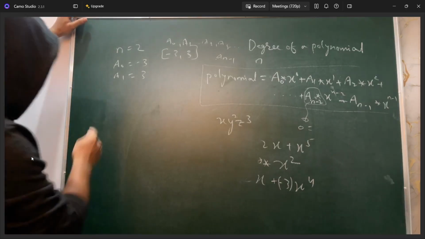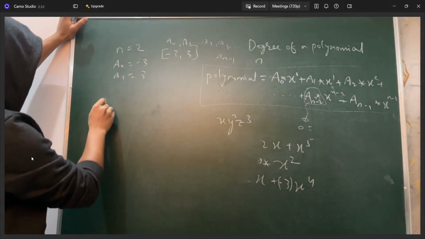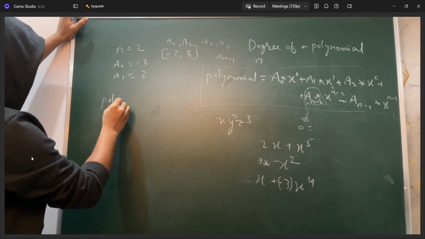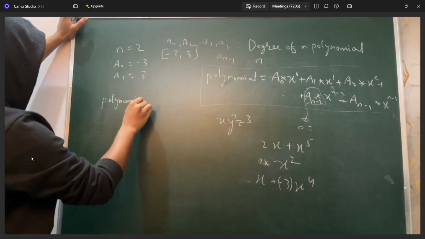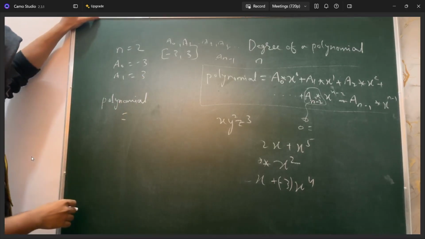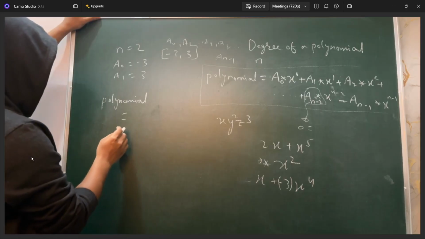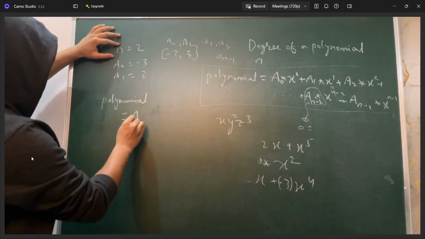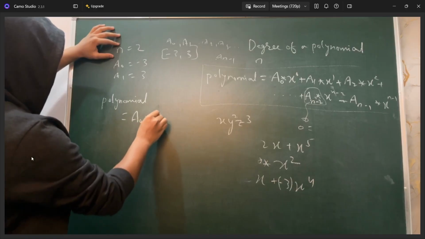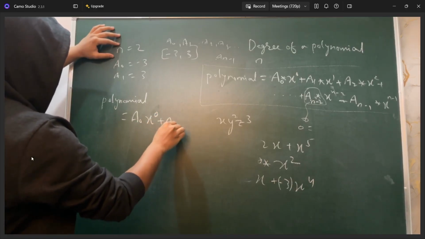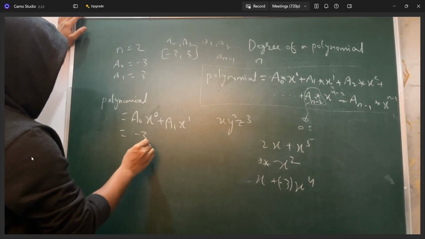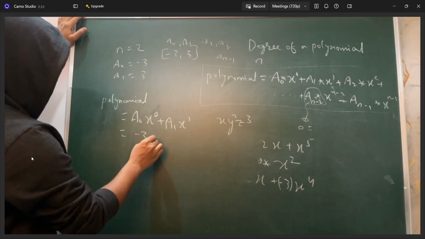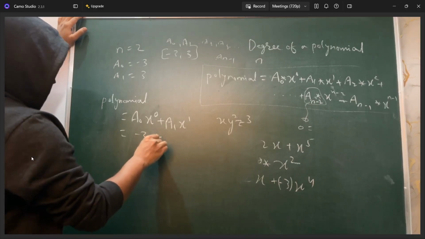In order to find the polynomial of this example, you have two terms, so your polynomial will be in this form, right? What is a0? A0 is minus 3. x power 0 is 1, so you will not be doing anything.